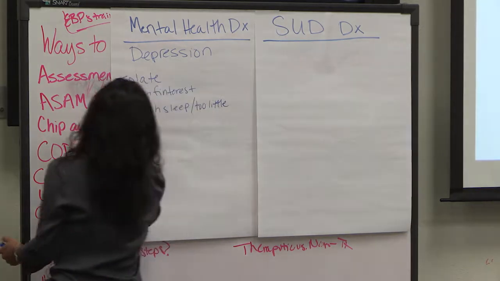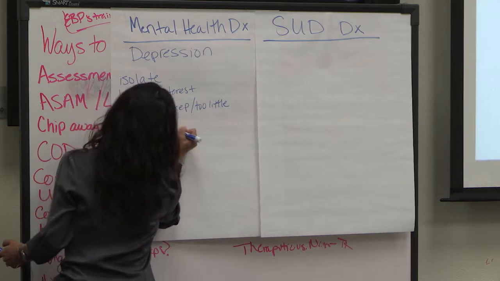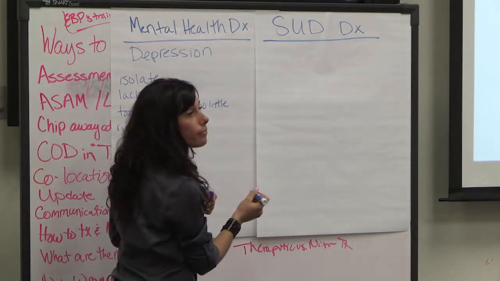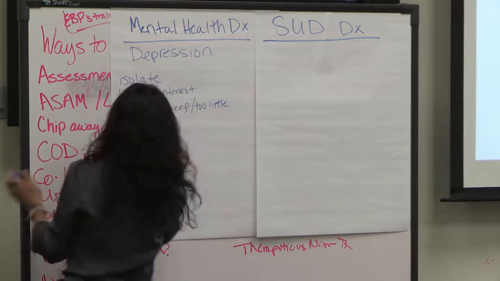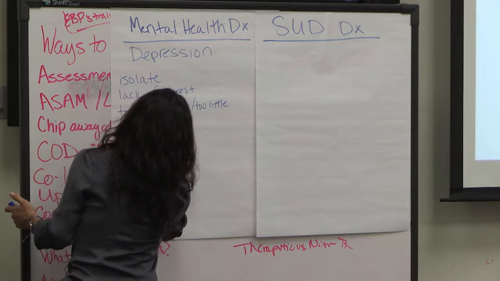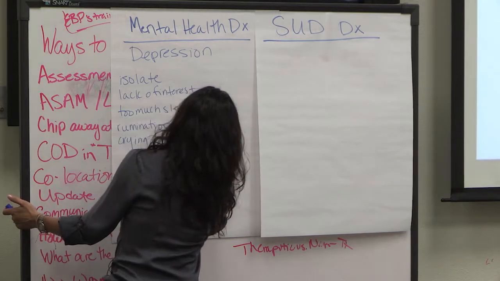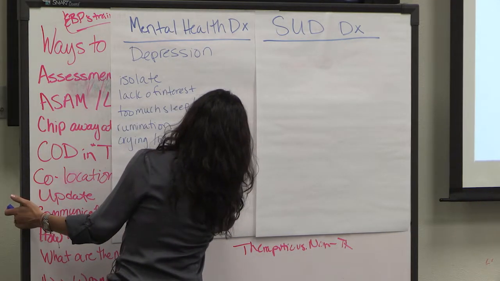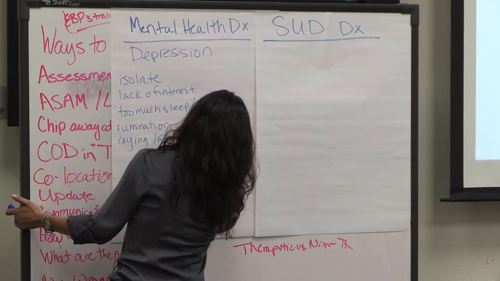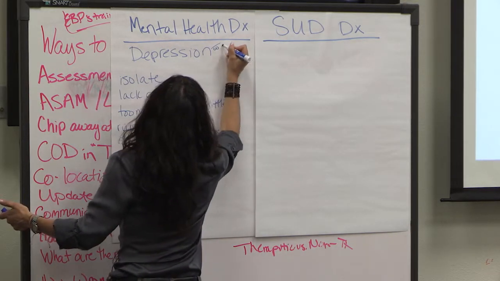Maybe they're ruminating. Crying. Hopelessness, helplessness. Okay, so we've got the whole enchilada here when it comes to depression. And maybe with psychotic features and maybe not. Okay, sure, we'll complicate it.